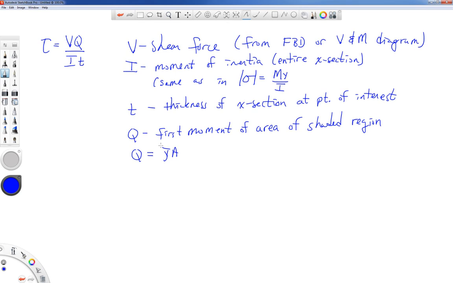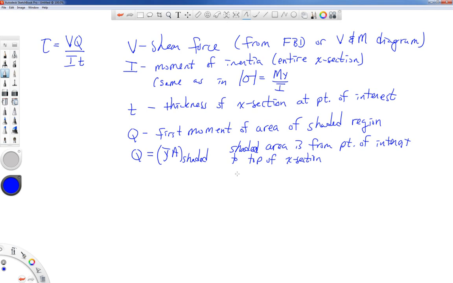We can calculate it from y bar A of a shaded region. The shaded region is from our point of interest to the top of the cross-section. And the y bar is from the centroid of the cross-section to the centroid of the shaded area.